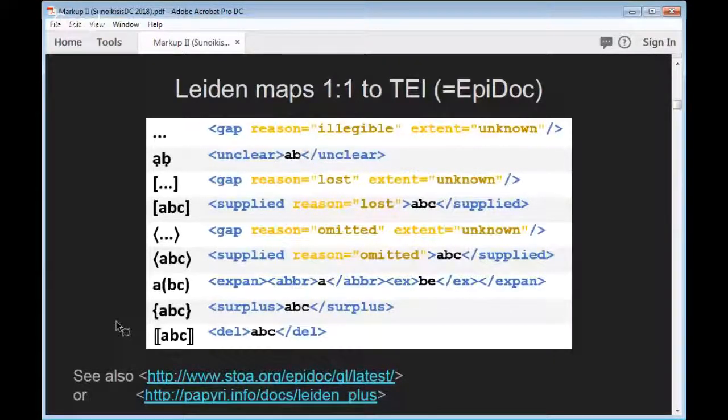Instead, that entire semantic statement is made by an XML tag, that this is a gap. There is a gap here because whatever text was there originally is now illegible, and the extent of that gap is unknown, or we might say the quantity of that gap is 3 characters or something similar. Again, likewise with square brackets where the gap is lost and angle brackets where the gap is 4 characters that were omitted.